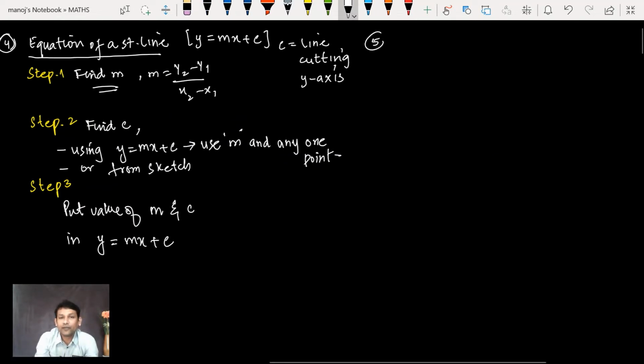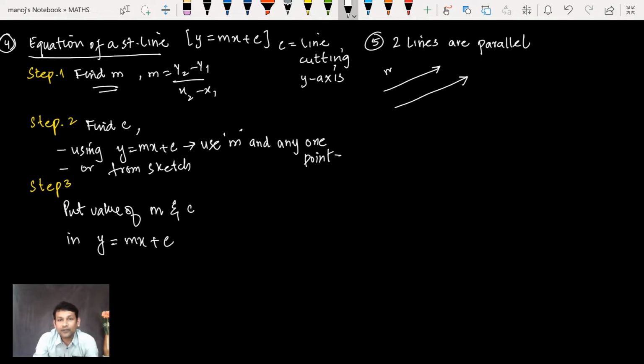Number 5 point I'm writing here: when two lines are parallel, like this line and this line, both are parallel. The gradient is m1 and the gradient is m2. The gradient will always be equal when the lines are parallel.